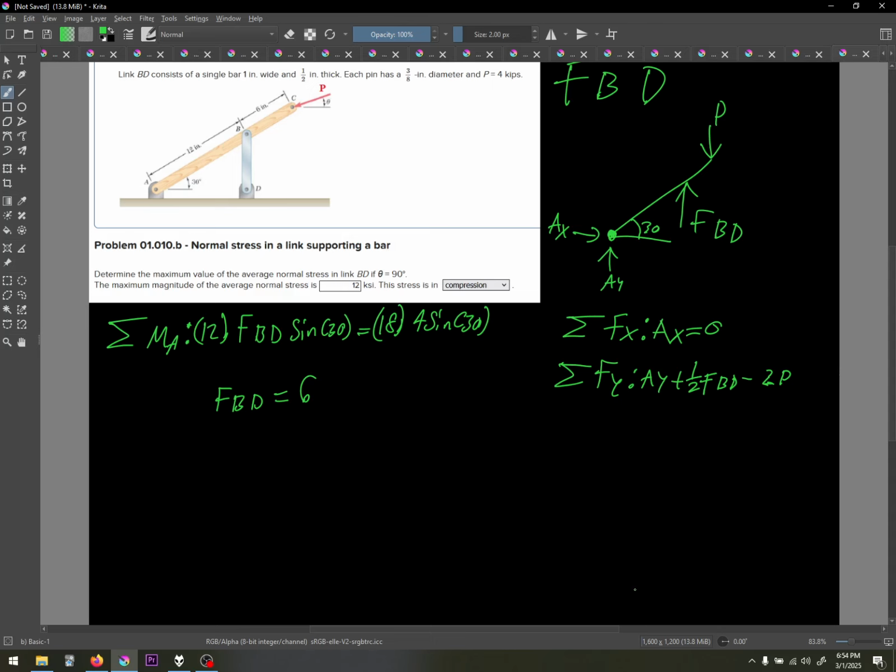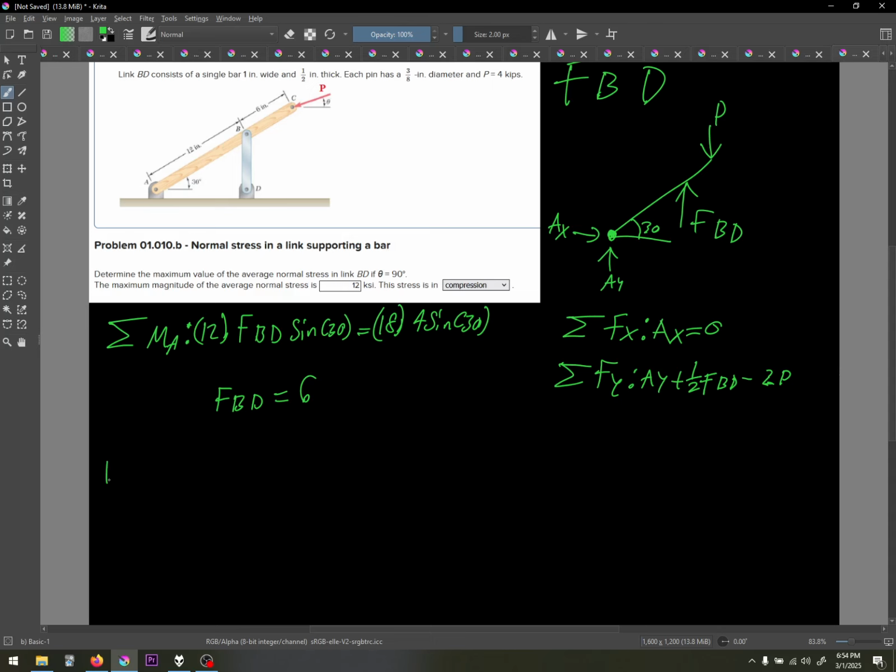So now that we know F_BD equals 6, it says maximum magnitude of the average normal stress. Now that we know the force in this, let's write down what we know.